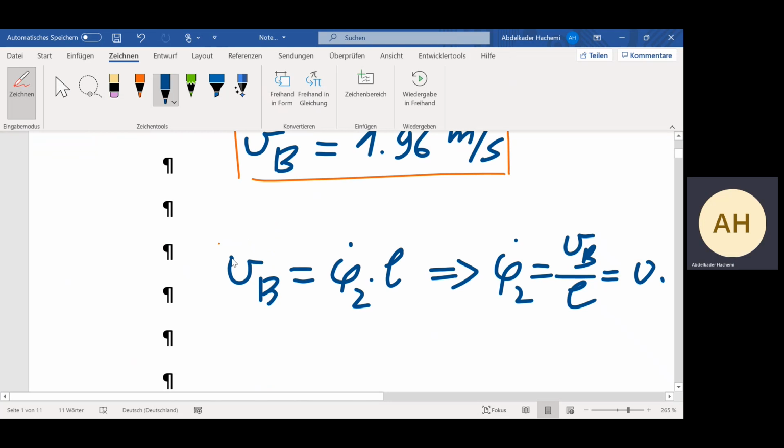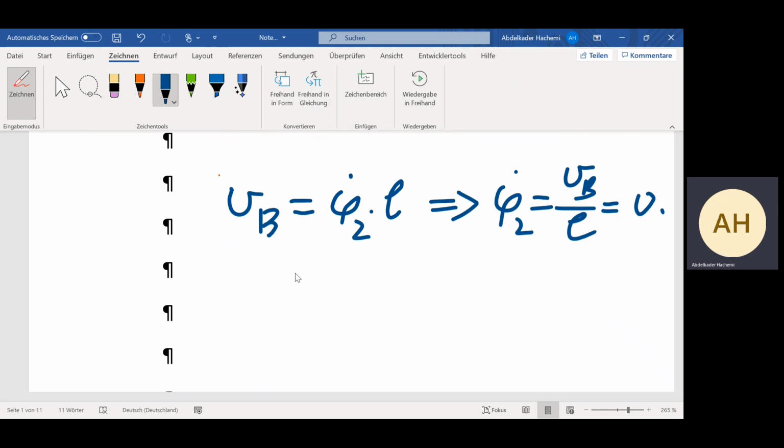This is now phi dot 2, and to get phi dot, we have VBA, and in our case for the left foot, VBA will be equal to VB.